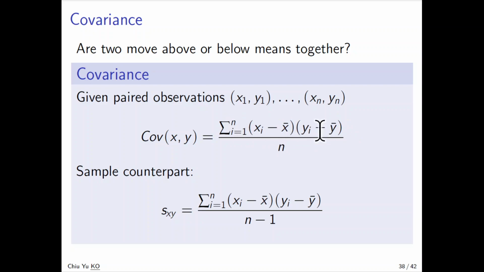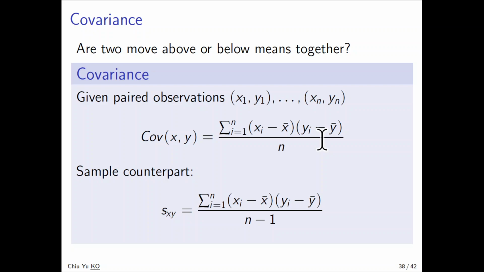If they both are below the mean, both numbers are negative, so they end up with a positive. If one is above the mean and one is below the mean, it is negative. So if this term becomes more positive, they move together in the same direction, above the mean or below the mean.